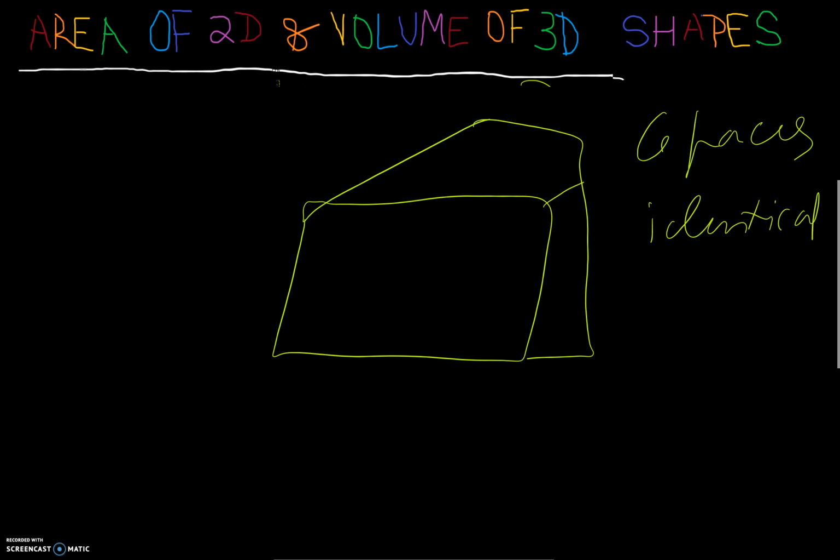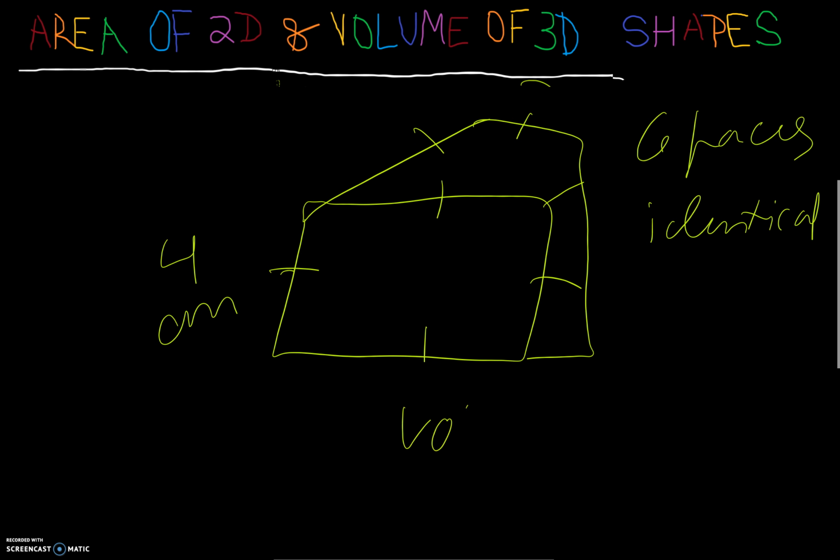By faces, I mean there's a square in the front, a square in the back, on the top, the bottom, left and right. And all of them are equal squares, or equal side lengths. So if I said this was 4 centimeters, this is 4, this is 4, this is 4, this will be 4, this will be 4, etc.